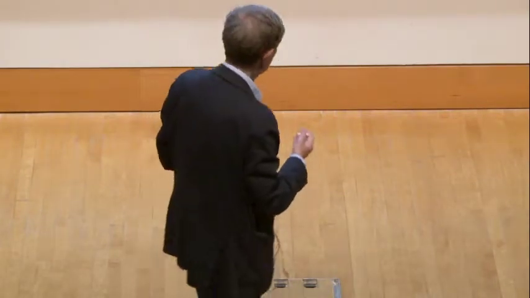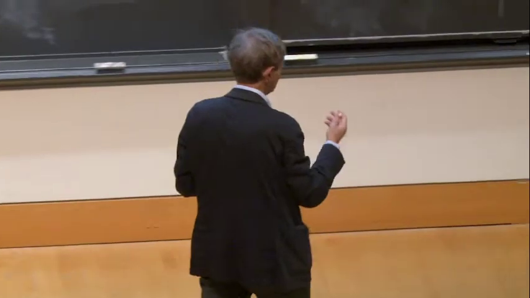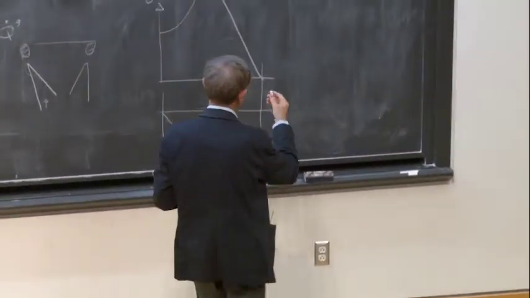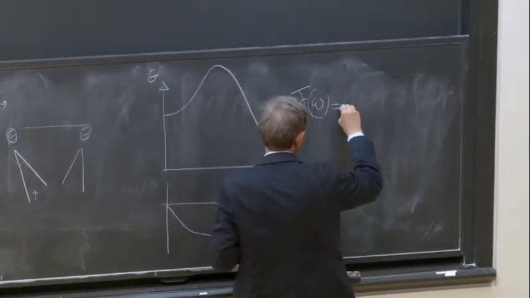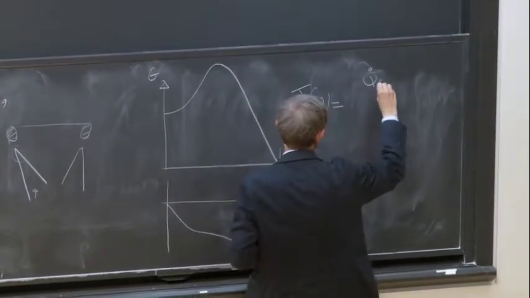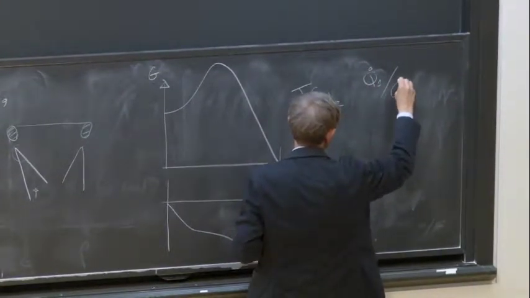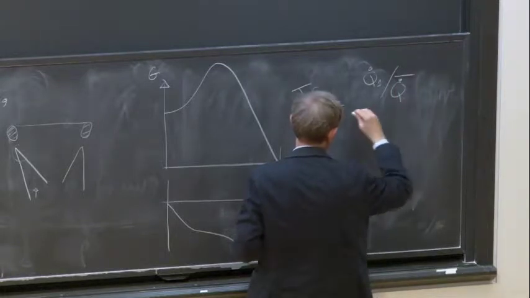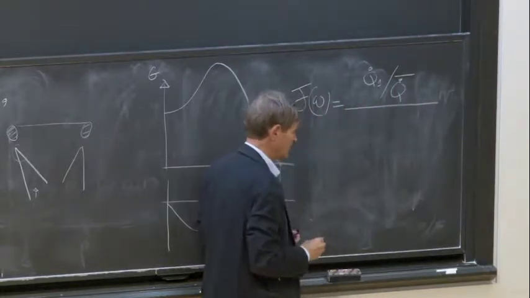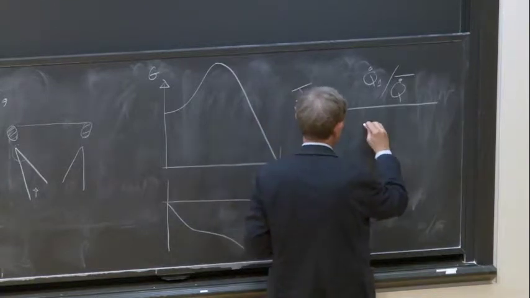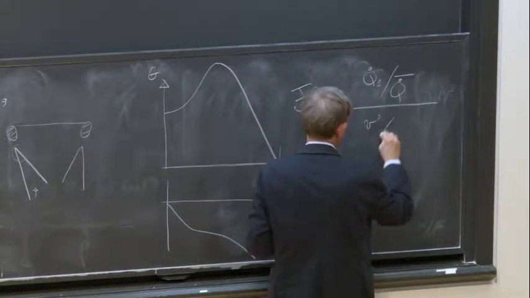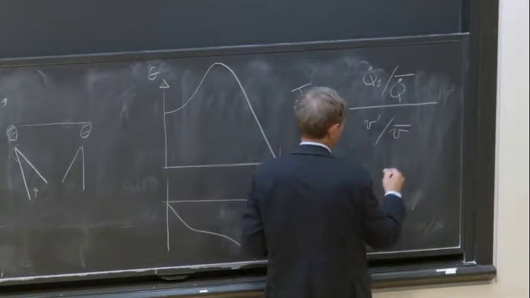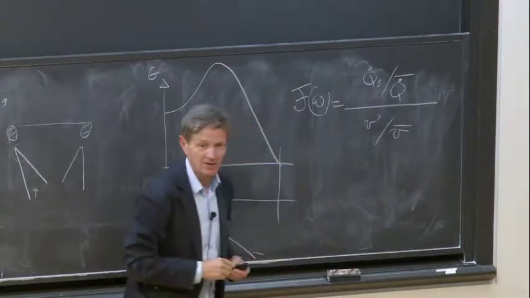So you've seen the definition that I gave of the transfer function, which is the most important, we feel. It's the heat release fluctuation divided by the average heat release, over the velocity fluctuation divided by the mean velocity. So that was the transfer function.